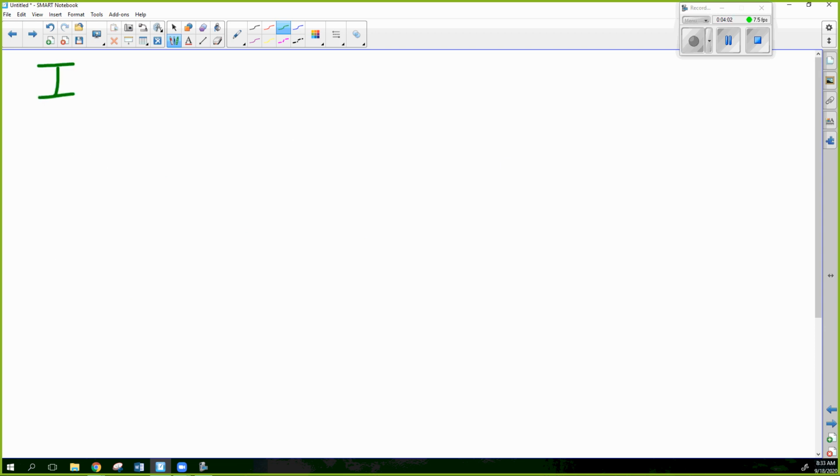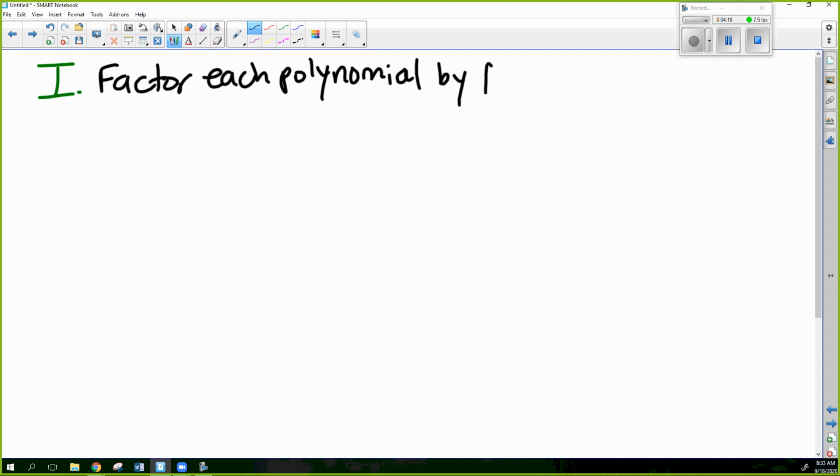So officially, section 1 of the new material, or the notes, I guess. We're going to factor each polynomial. That's what it's called when you have all those terms added and subtracted, a polynomial, by finding the greatest common factor.